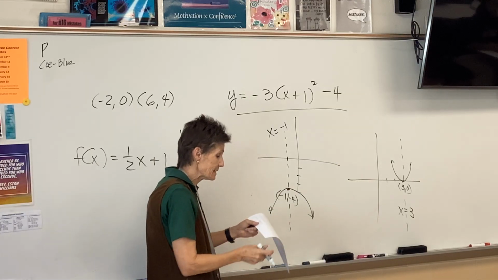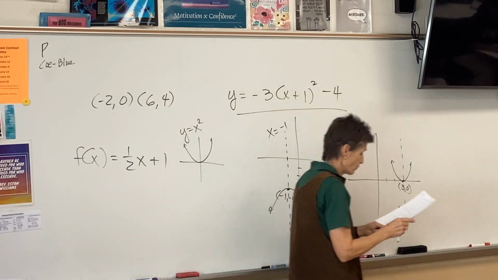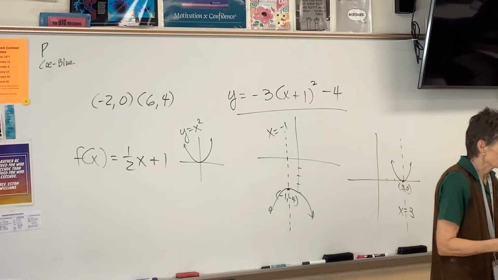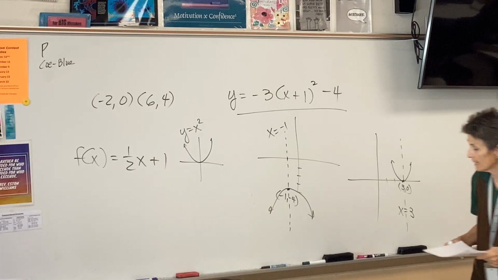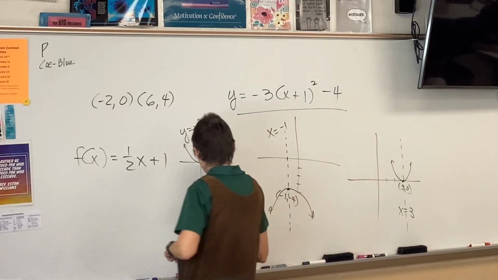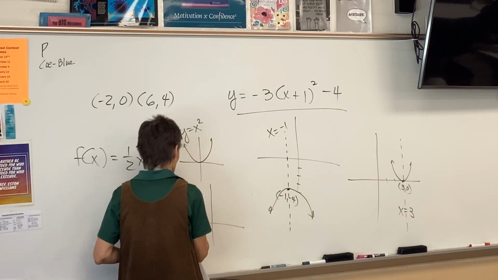All right, how about C? Where is your vertex? -3, 10. So left 3, up 10. Which way does it open?